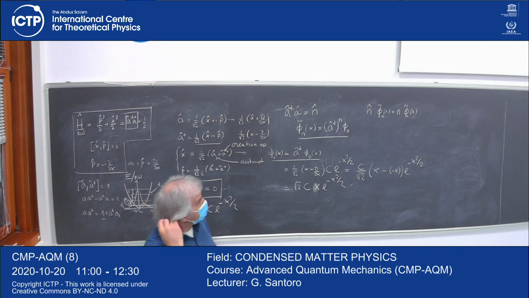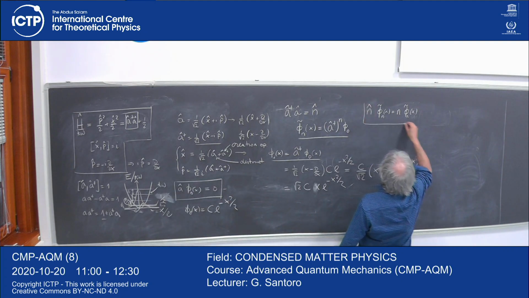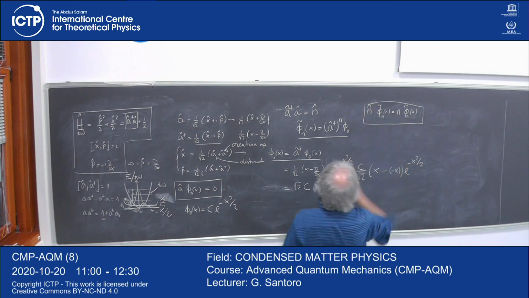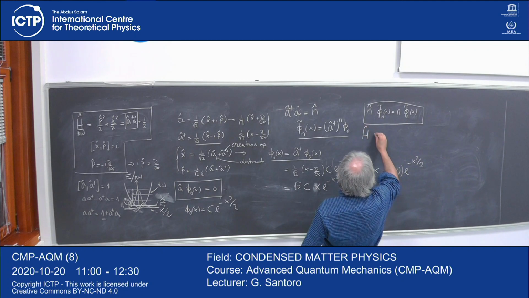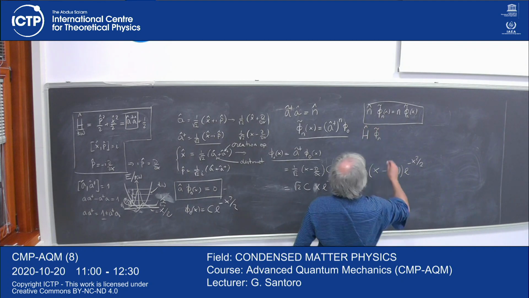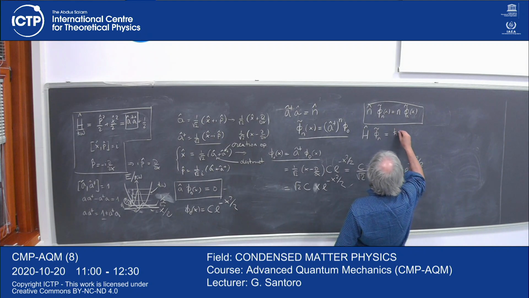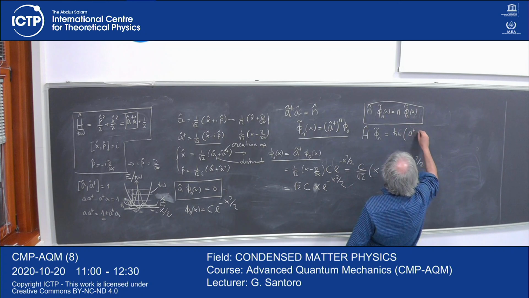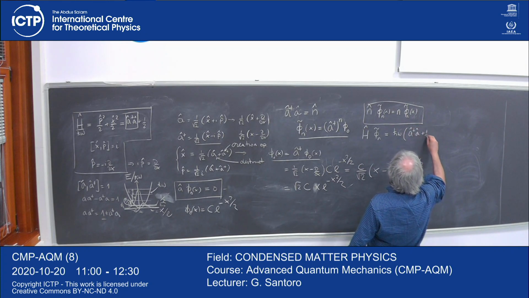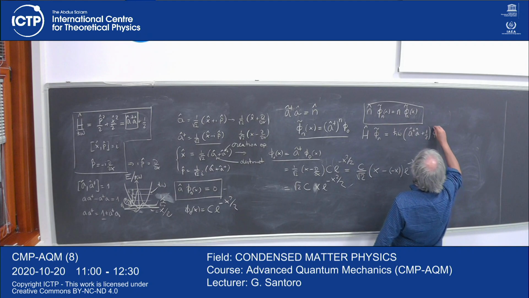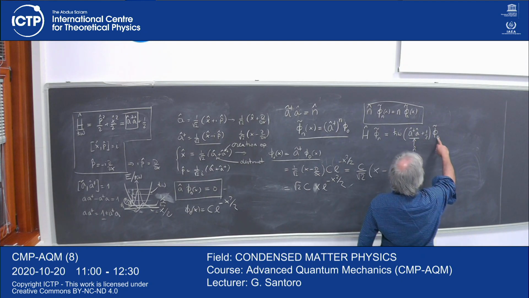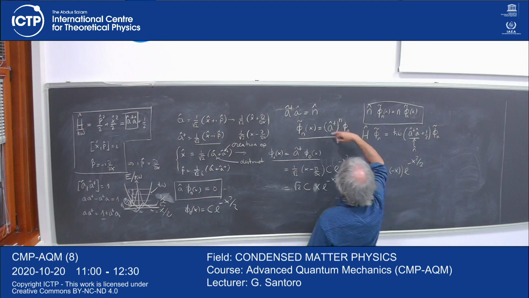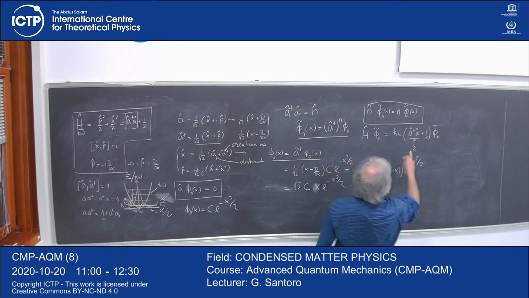So this is a very important relationship because it immediately tells you, if I use it, that H applied to phi n tilde, how much is it? It is equal to h bar omega times A dagger A plus 1/2 applied to phi tilde n. But this is precisely the operator N that I was mentioning before. And this operator is such that it counts how many A daggers you have applied there, and gives you back n.